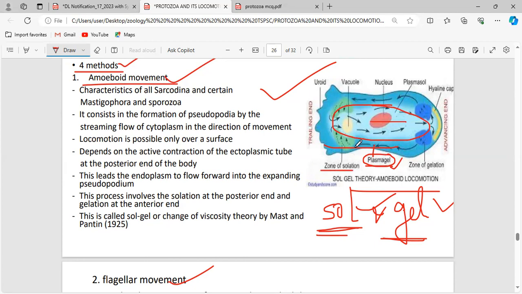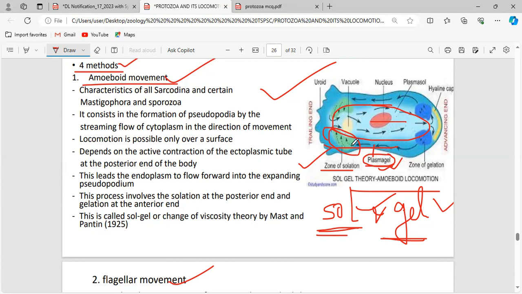Initially, when the amoeba wants to move, this plasmogel forms a rigid structure. Only the plasmosol moves and extends forward. And after that, this plasmogel will move to the zone of isolation, where it becomes the plasmosol.